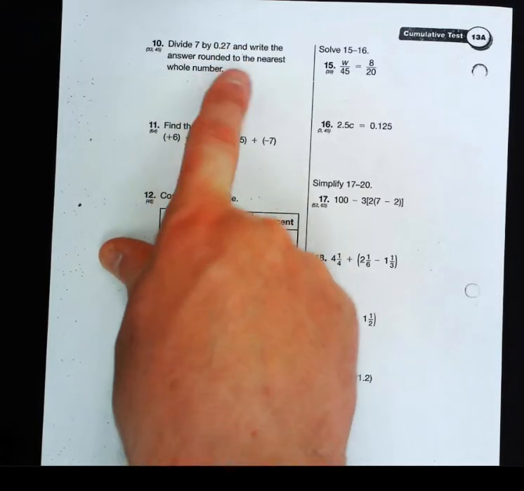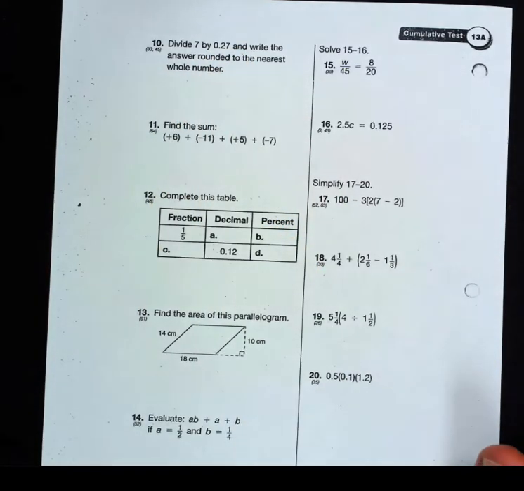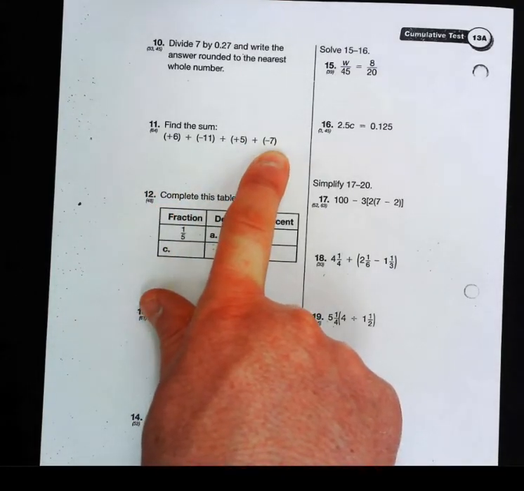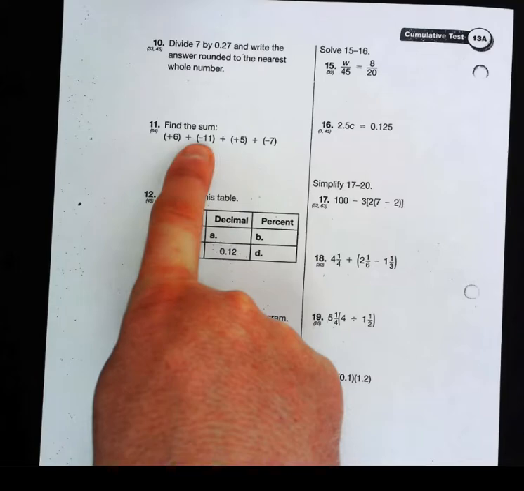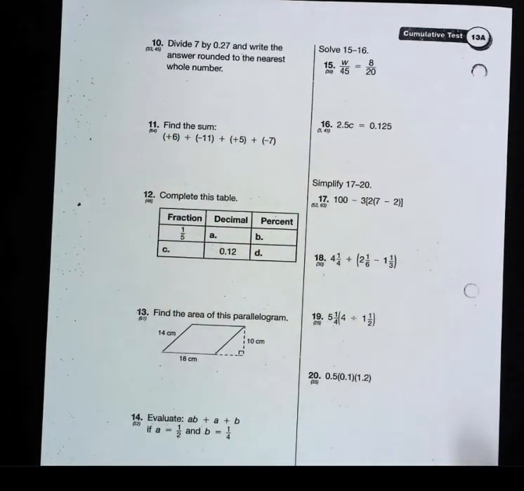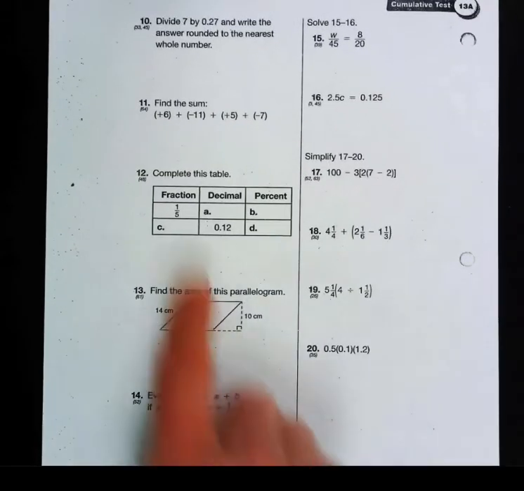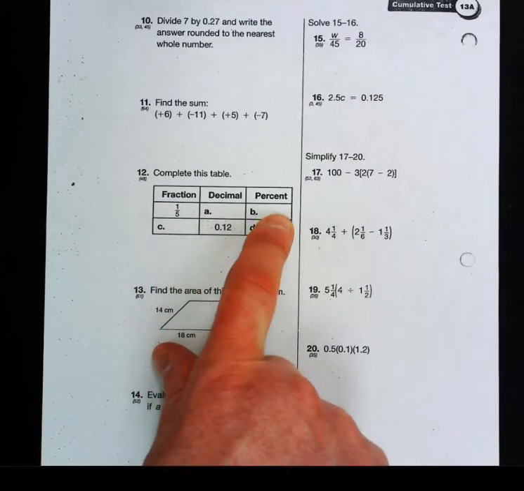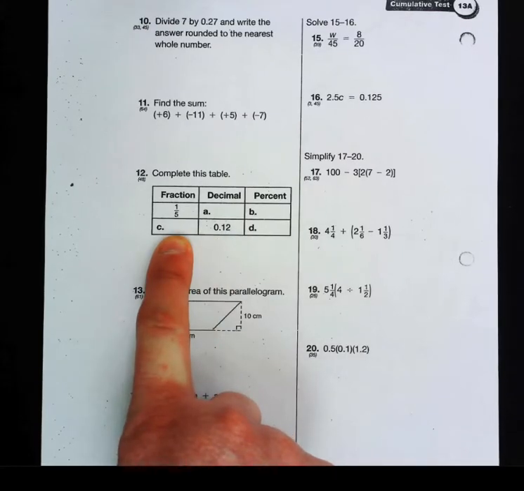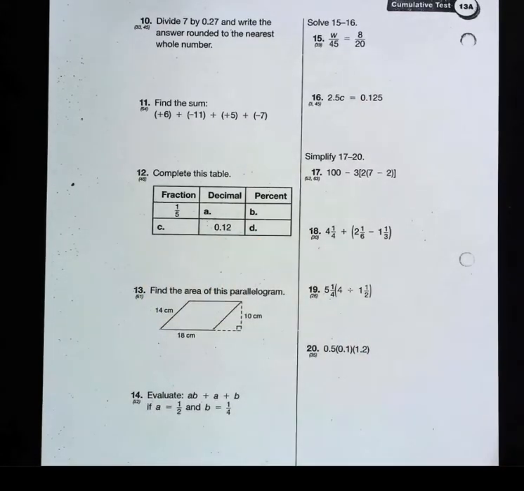Over, over, up, round to the nearest whole number. This one's all addition problem, so there's no adding the opposites. There's no subtraction. You just got to put your negatives together, put your positives together, and then subtract your two answers. Your conversions, divide, write twice, say this one correctly for a fraction, and reduce it, write twice for percent.